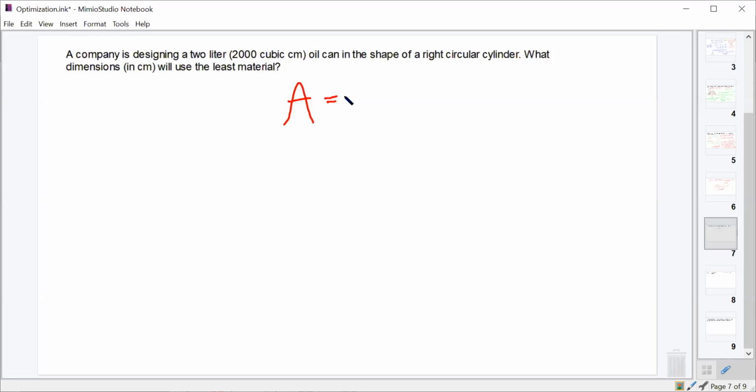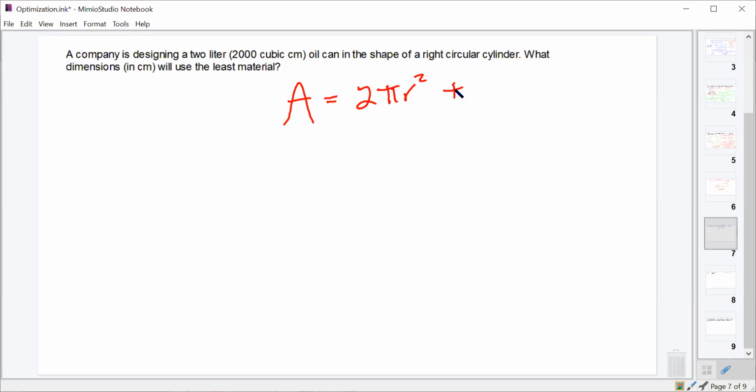So the surface area should be what? For a cylinder, what's the surface area? It should be 2 times pi r squared, that'd be the top and the bottom, right? Plus the lateral surface area.